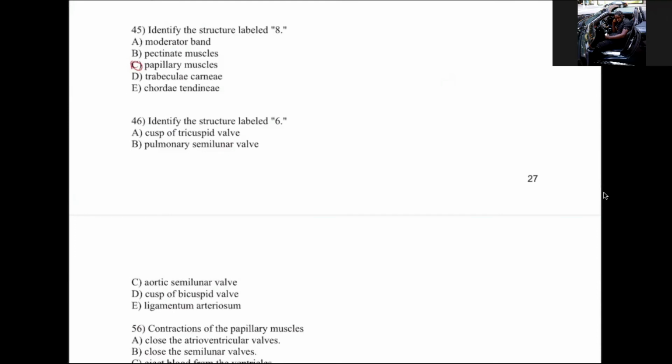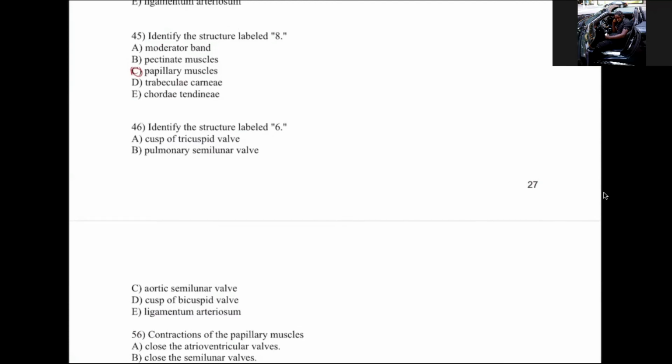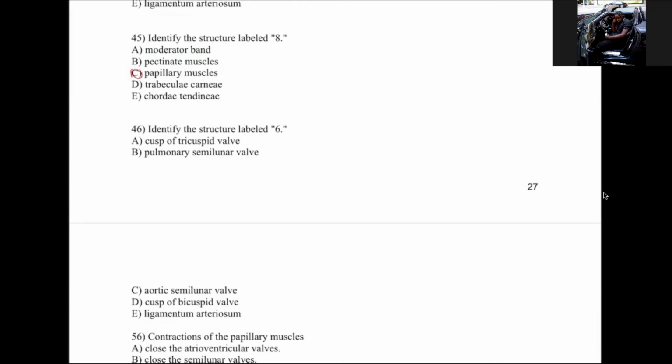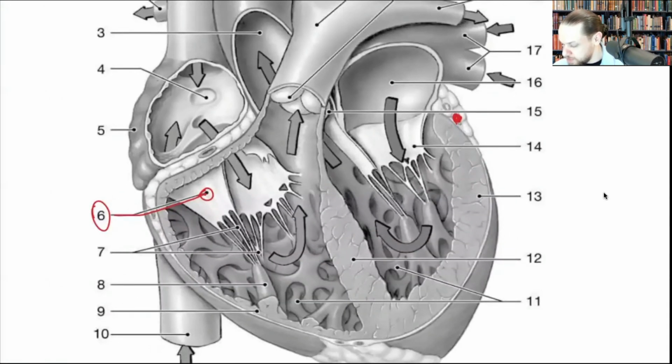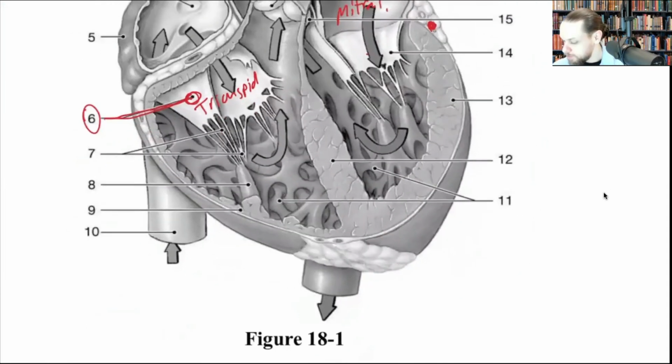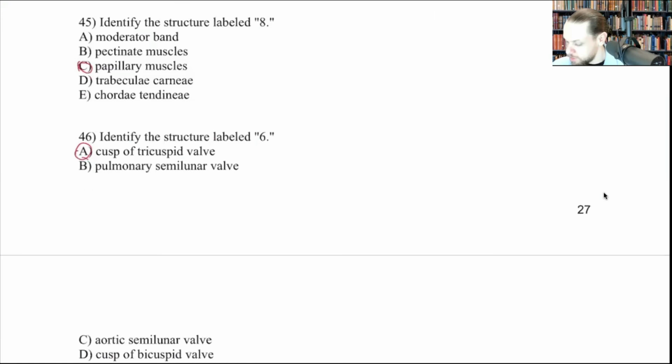That's the right side, so it's not. A is correct, right? This is the tricuspid valve, and it's pointing to one of the cusps. So this is the tricuspid, and this is the mitral, or bicuspid, side. So yeah, 46, A is the correct choice.